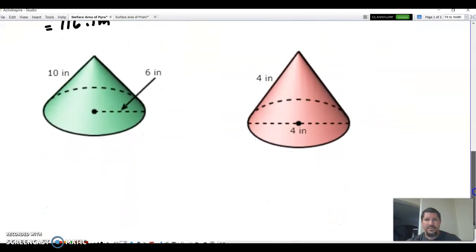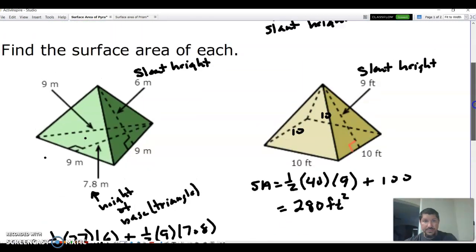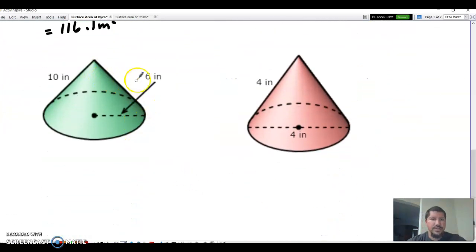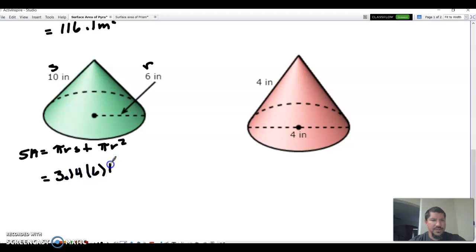Alright, cylinders. So the formula is pi r s plus pi r squared. So let's write that down. Surface area is equal to pi r s plus pi r squared. Alright, so this is S, this is R, pretty easy. 3.14 times 6 times 10 plus 3.14 times 6 squared.